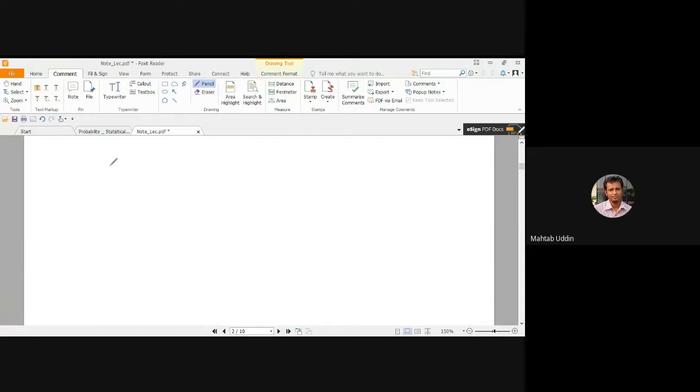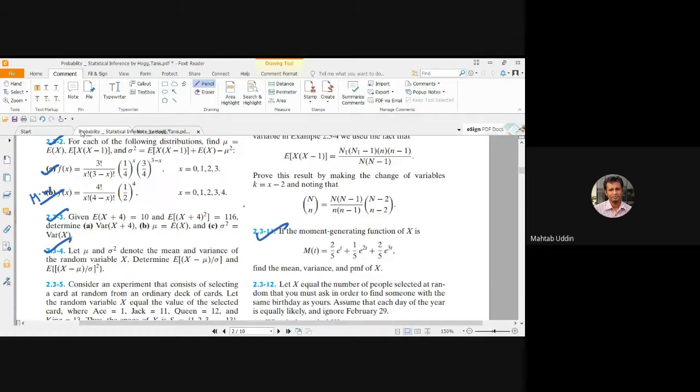Here given, expectation of x plus 4 is equal to 10, and expectation of x plus 4 whole square is 116.